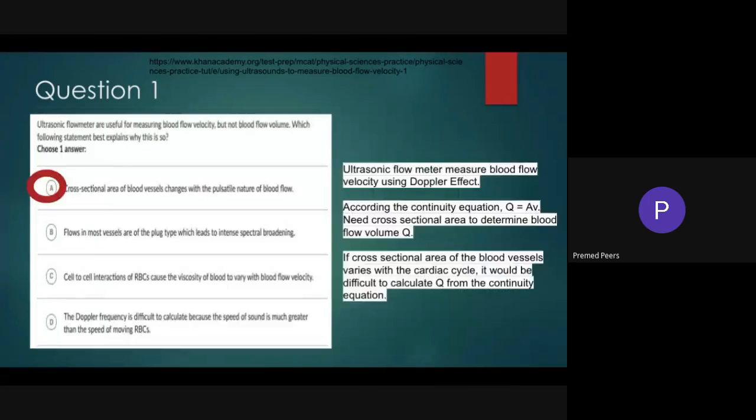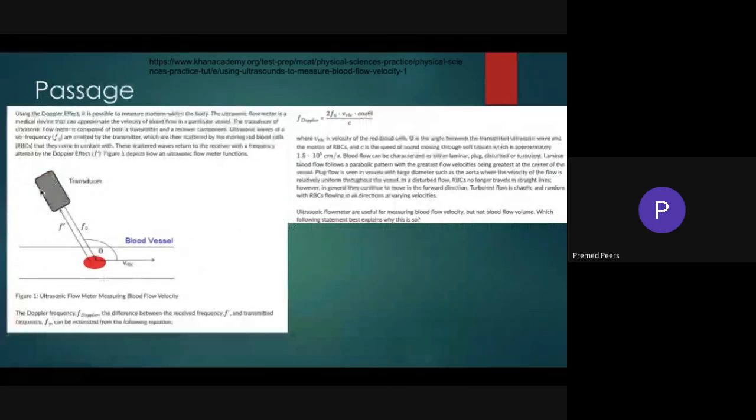Transducer. Okay. See, it has to do with this theta. So rather than the transducer being at this angle, if it was perpendicular to the blood vessel, it would be right here. So the angle, 90, right? The cos would be 0.